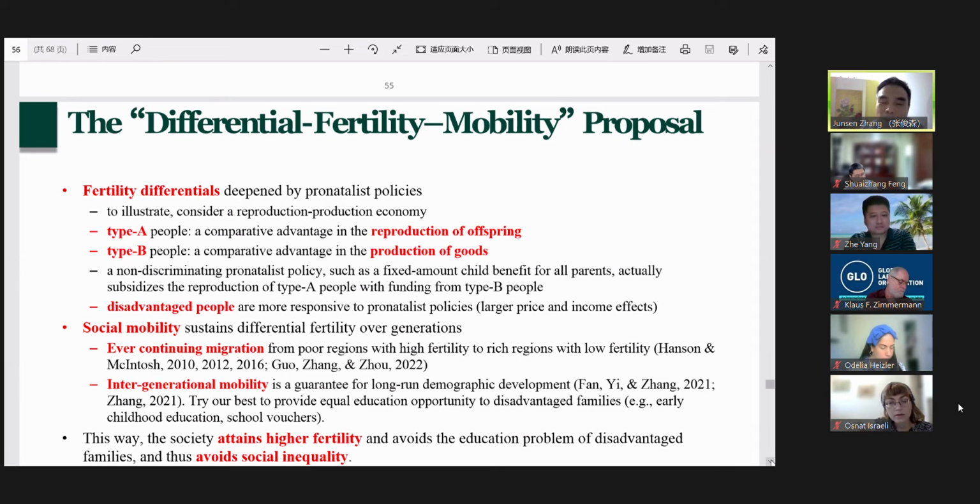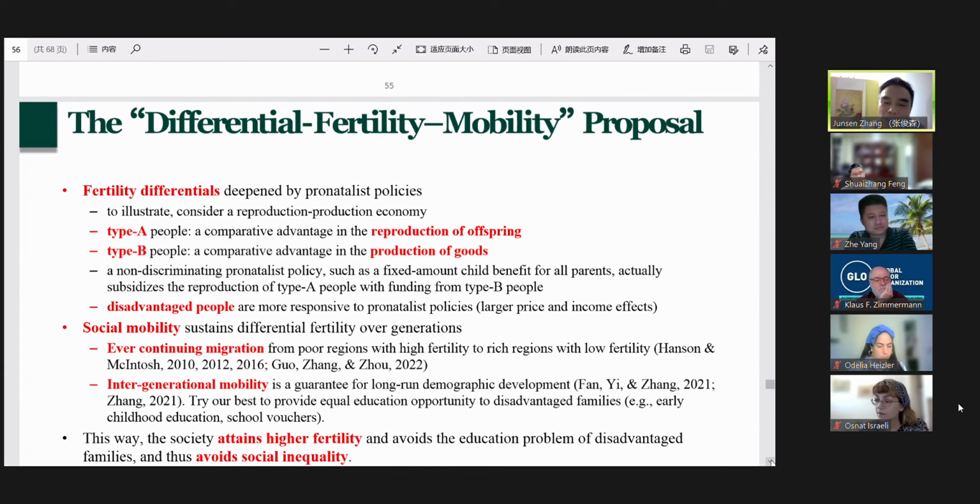So for example, we must provide good education opportunity for families in the rural areas, for disadvantaged families. This is very important, because only if we provide good equal education opportunities can we overcome the future income inequality.